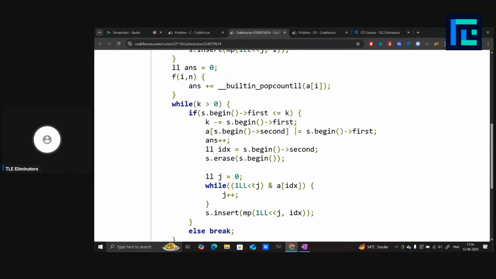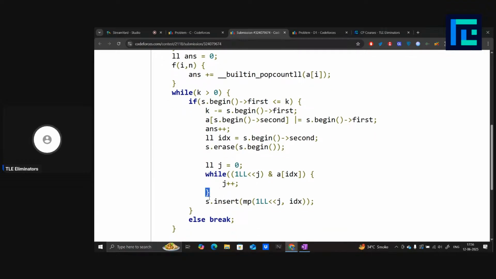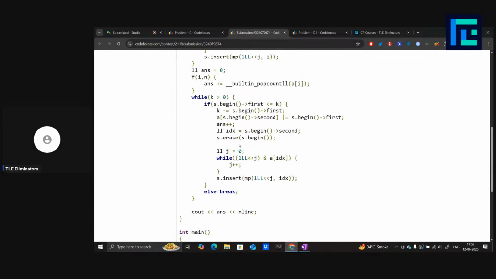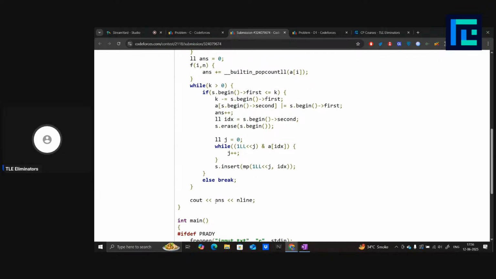While the jth bit of a[idx] is 1, I'll do j plus plus, and at this point the jth bit is 0. So I'll insert 2 to the power j comma index. And if s.begin().first is greater than k, then we will break because we cannot do any more operations, and finally we'll print the answer.